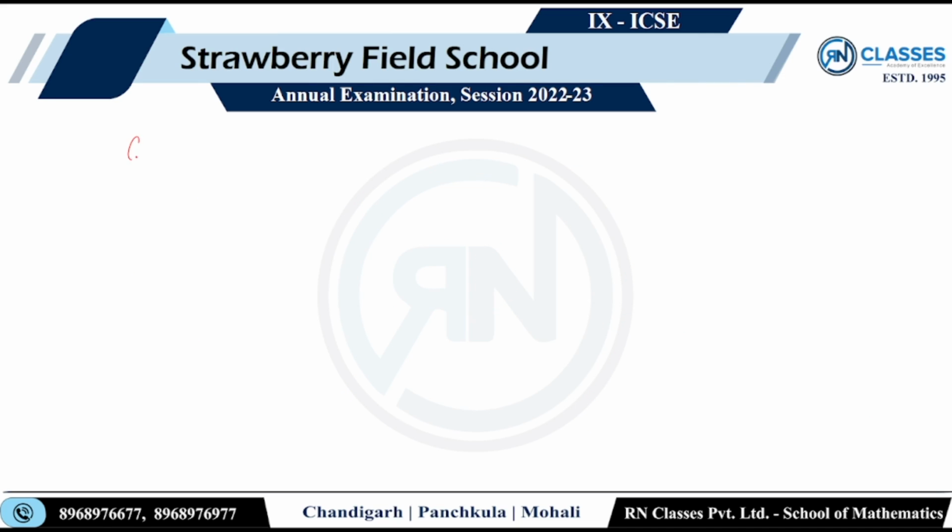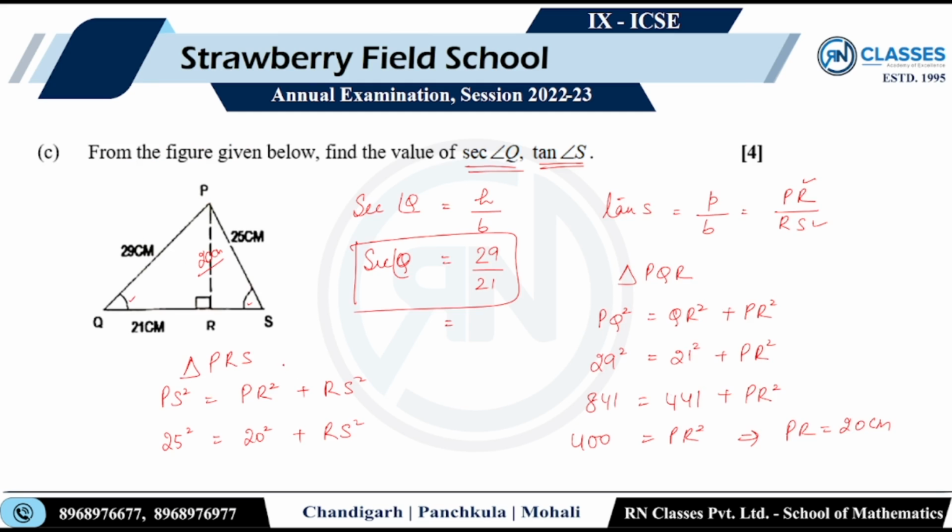So 25 का स्क्वायर that is 625 और 400 plus RS का स्क्वायर. So RS square that is 225, RS is given by 15 centimeters. अब RS भी आ गया मेरे पास 15 centimeters.